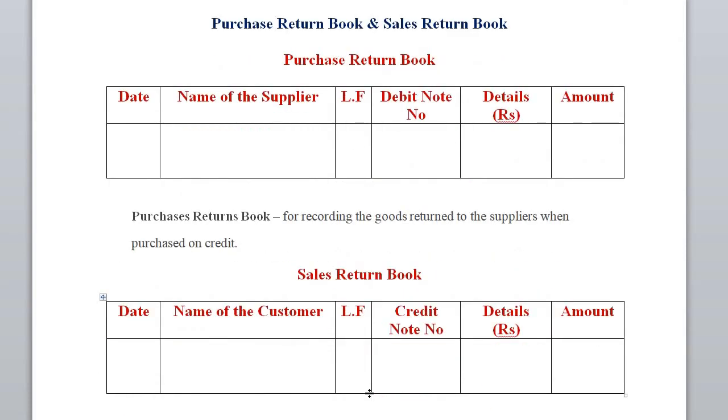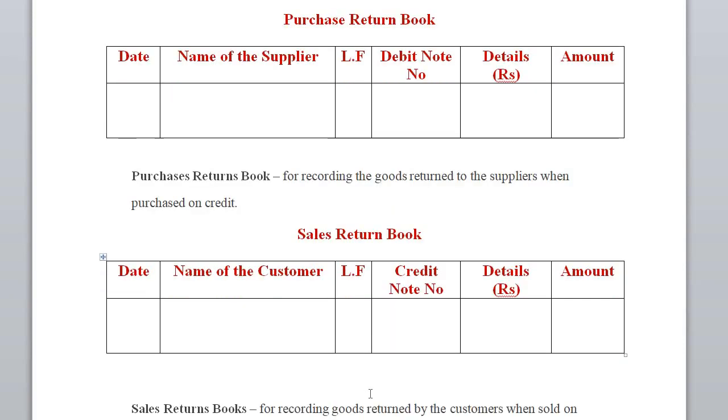In sales return book, we are going to record the return of goods from the customer. This book is also known as return invoice book. Here the proforma contains date, name of the customer, ledger folio, credit note, detail, then amount.